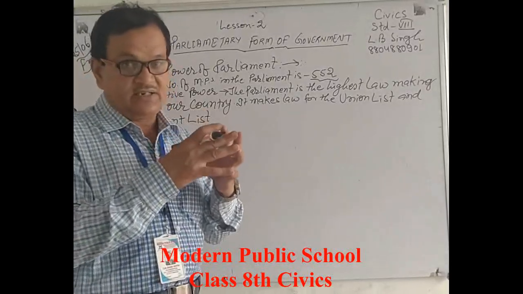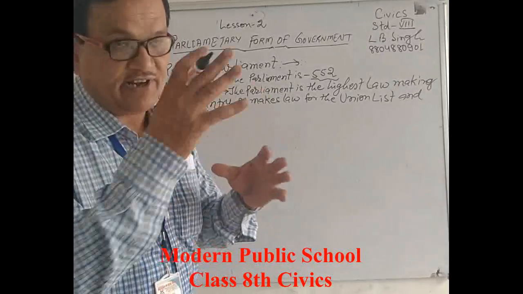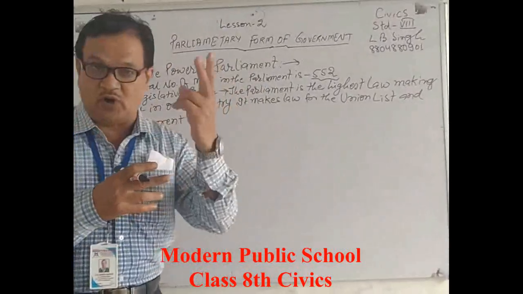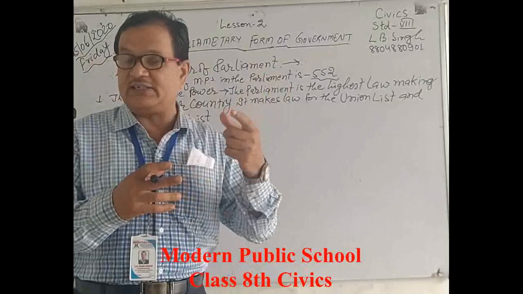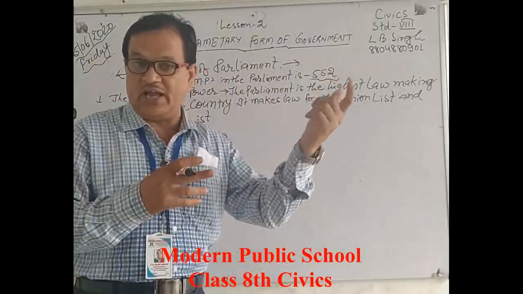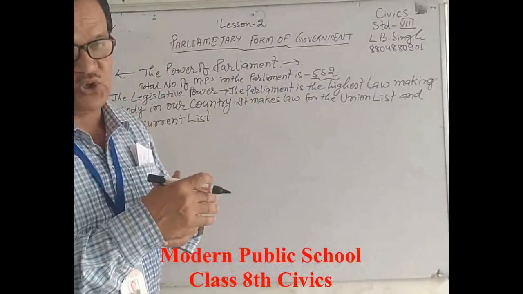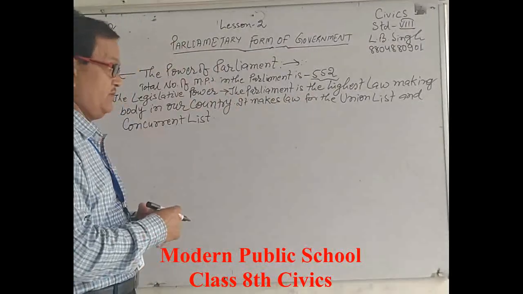India is a federal country. In a federal country, there are two types of government. One is the central government and the other is the provincial government, which is also known as the state government.